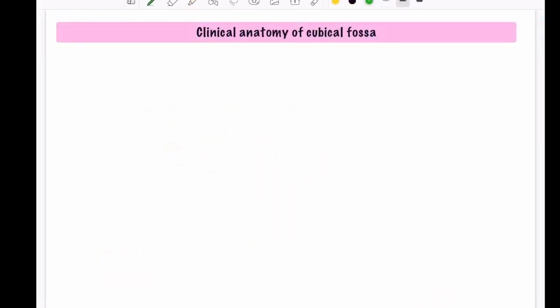Now let's talk about the clinical anatomy of the cubital fossa. First is the median cubital vein. This forms the roof of the fossa, and is the vein of choice for intravenous injections.